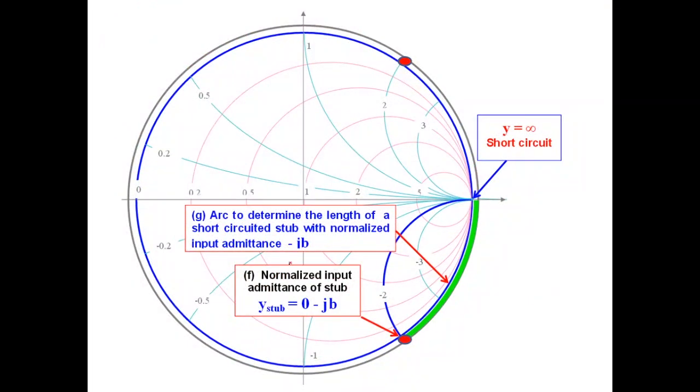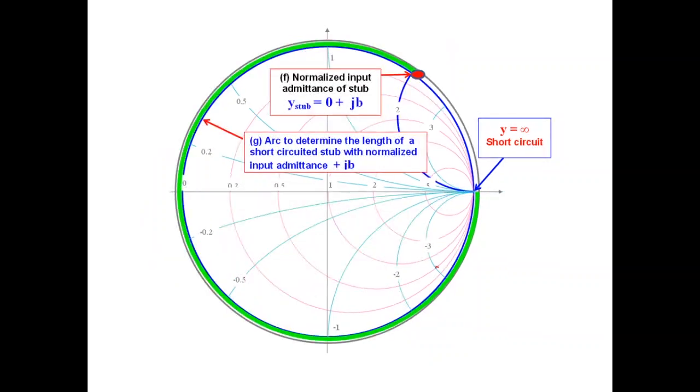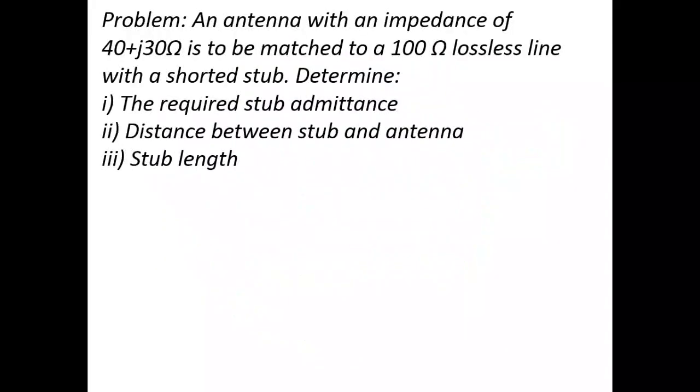If the position was selected to be B, the length of stub should correspond to B dash. If we take the point as A here, the corresponding length of stub will be A dash. So we'll do this problem.